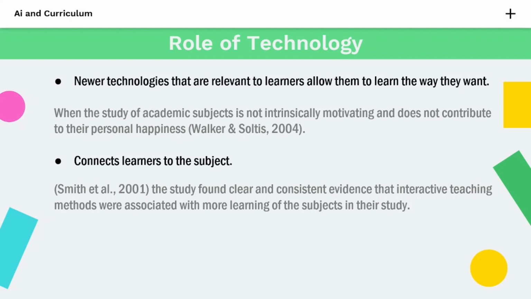If the teaching or the academic subject is not motivating to them, that will not contribute to their personal happiness, and they will not connect to the subject. And it is evident that interactive teaching methods are associated with more connection and more learning outcomes.